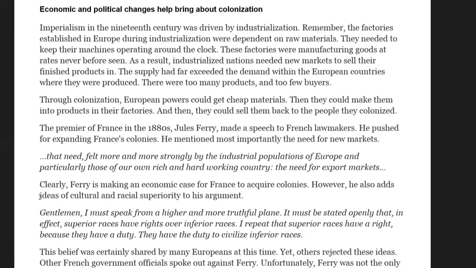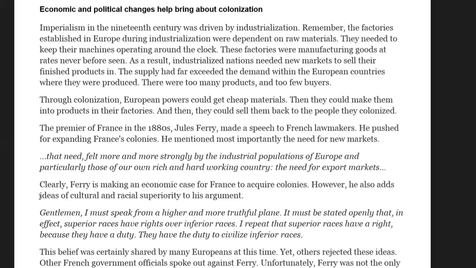Well, that kept growing. And by the time that we're talking about, and we're really looking at 1850 to 1914, that industrialization had really expanded throughout much of Europe, into the United States, and even into Japan.